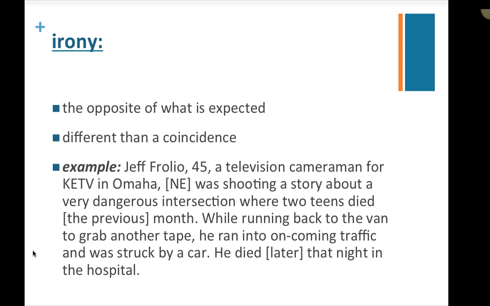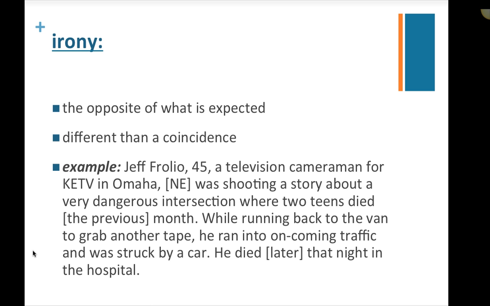So one example that 7th graders always love, this is a true story. This happened, I think, in the early 90s. There was a cameraman filming a certain intersection in Omaha, Nebraska, because it was known as a very, very dangerous intersection. Two teenagers had just been killed there not that long ago, and in the town it was known as this very dangerous intersection.